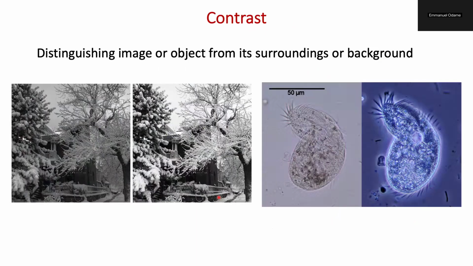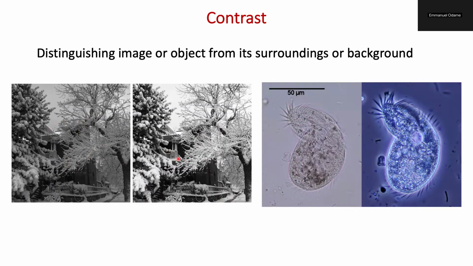And then we have contrast. Contrast refers to the degree of bending of light as it passes from one medium to the other. When you contrast something, it helps you tell the difference between the object and the background. One prime example is this image where everything looks darker.